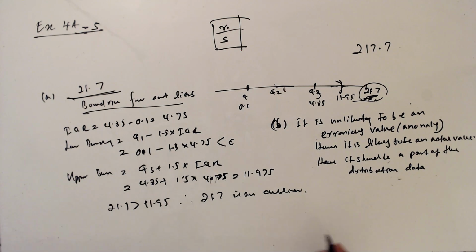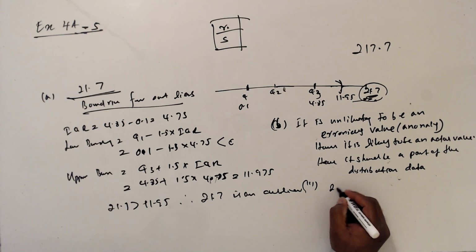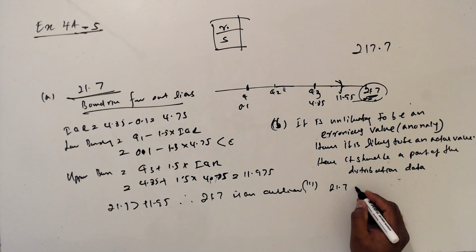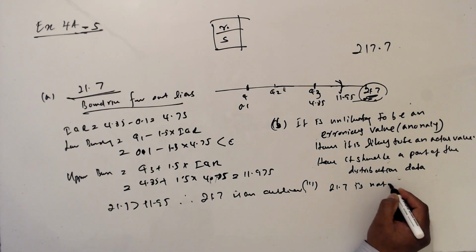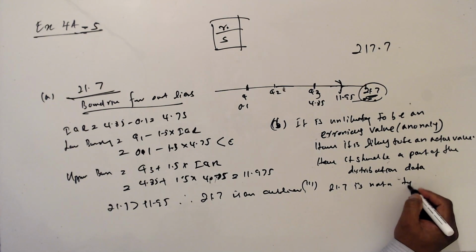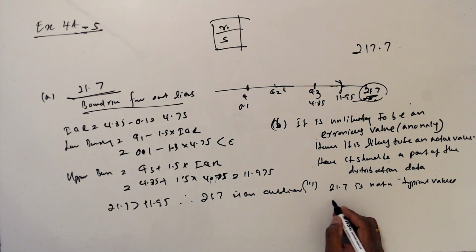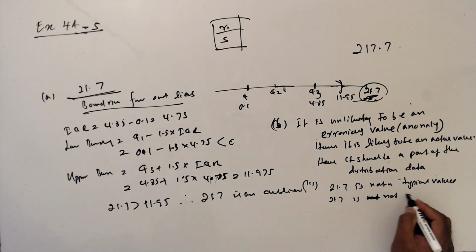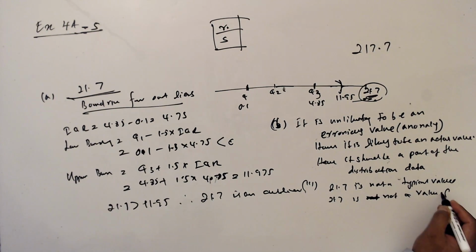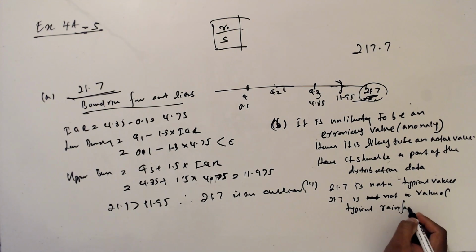What is the reason for the exclusion? 21.7 is not a typical value of rainfall, something like that.